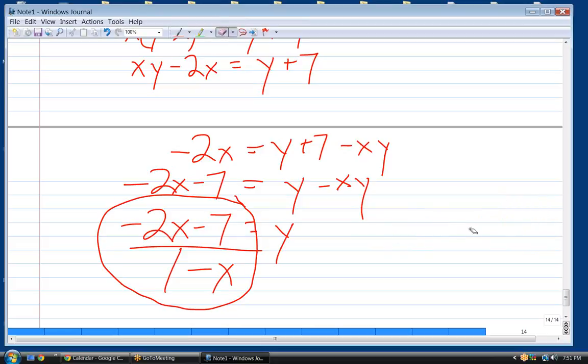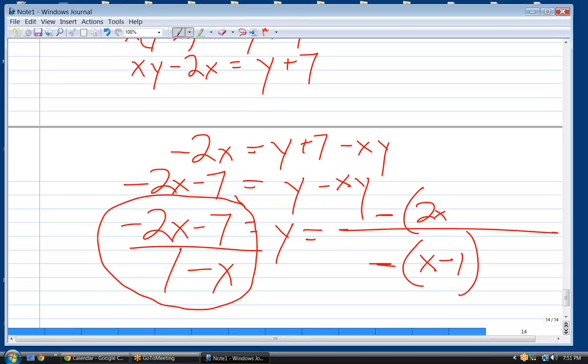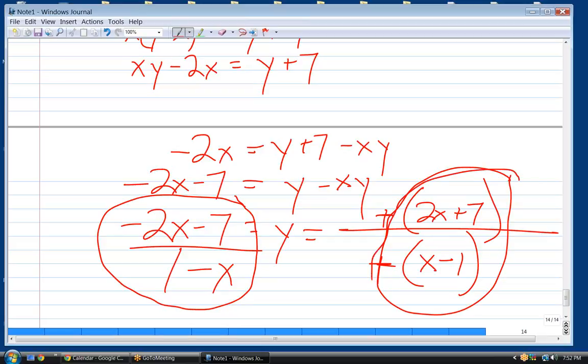So 1 minus x I could write as the negative of x minus 1, and the top I can factor out a negative and make it 2x plus 7. Now the negatives cancel. So I end up with a better looking answer because it doesn't have as many negative signs, and it's got the x in front minus the 1 instead of 1 minus x. So personally, I like this answer a lot better.